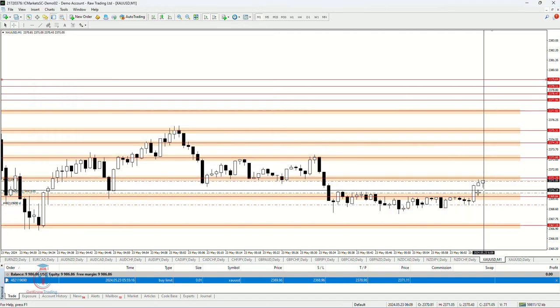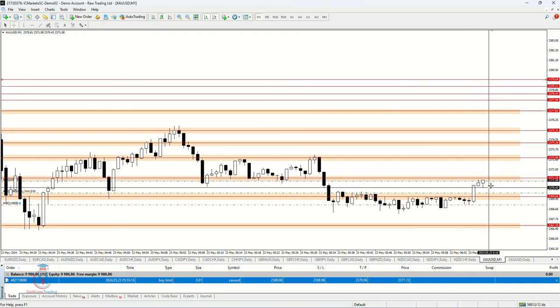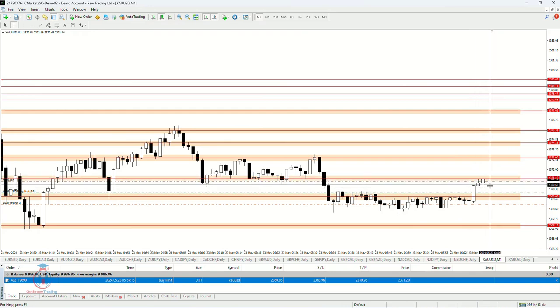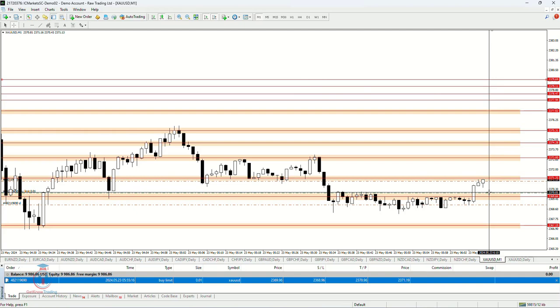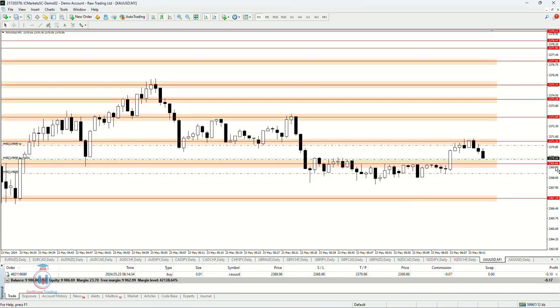I am expecting that the price will drop down from this current resistance and it will reach this support level, and when it reaches, this trade will open, and then I expect that the price will rise in value again to reach this take profit instead of going down and reaching the stop loss level, which will be a bad trade with a loss. So let's wait until the price reverses back down and activates a buy limit order.